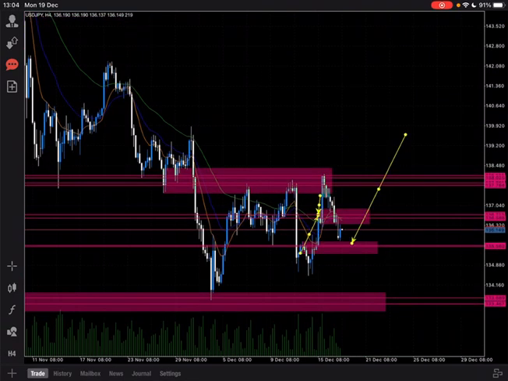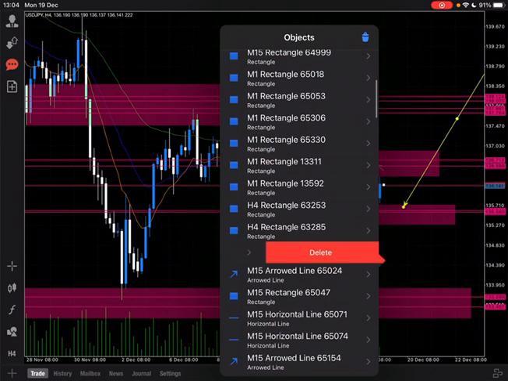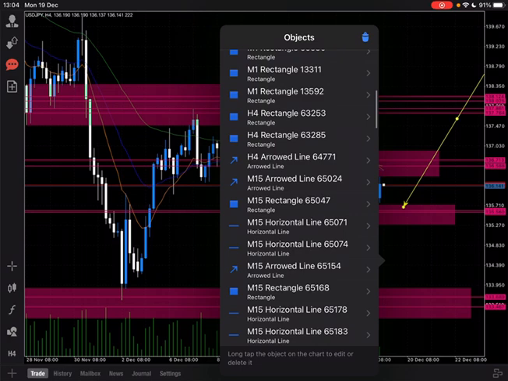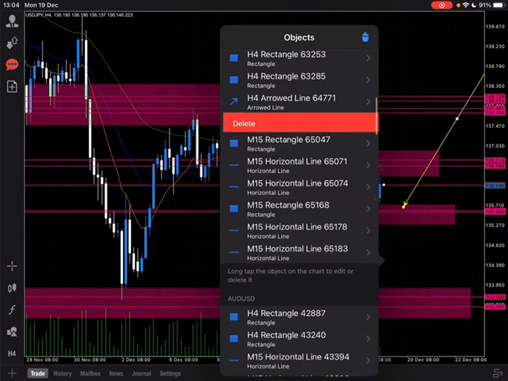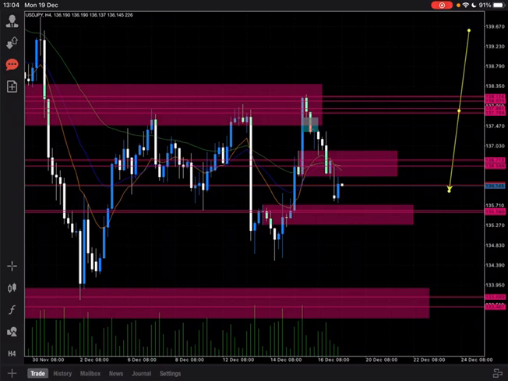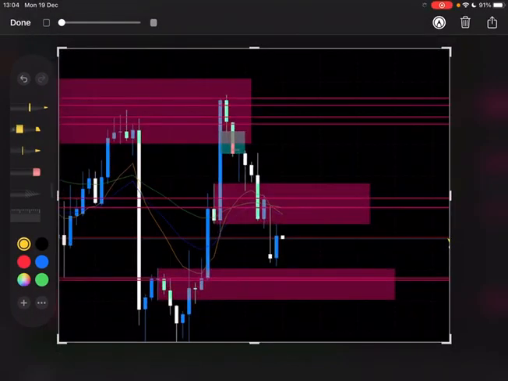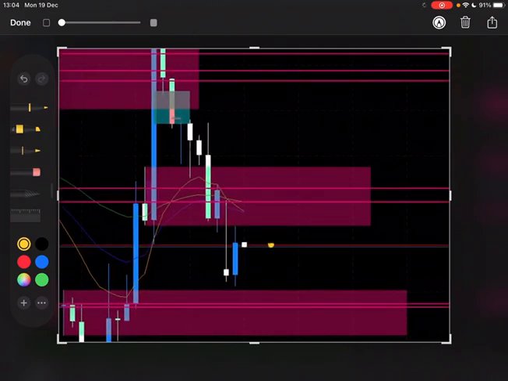If we switch back to H4, what can UJ do? Let's just delete the arrows real quick. If I screenshot it like this, now that we've drawn in our key levels together, current price is over here.